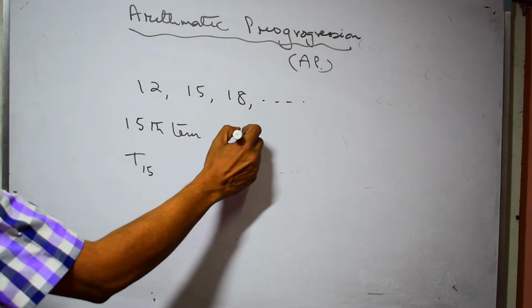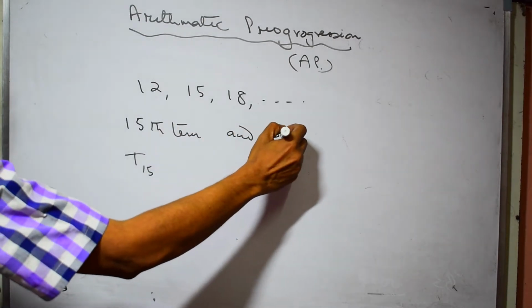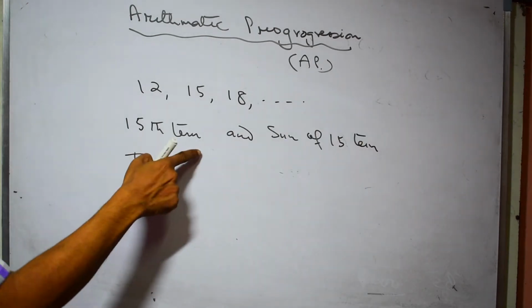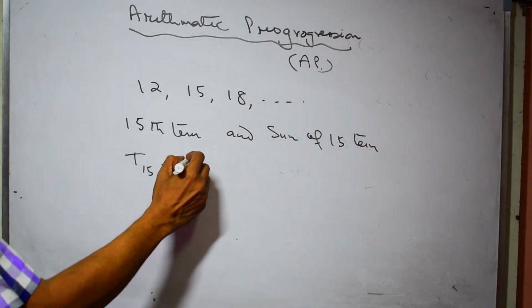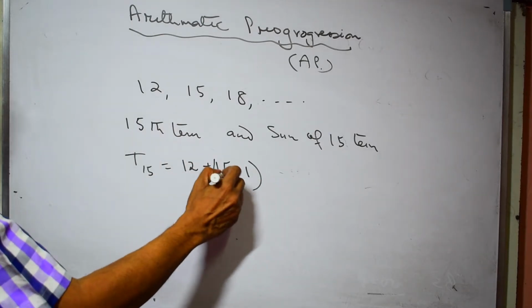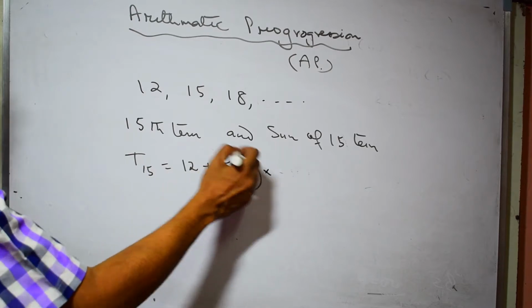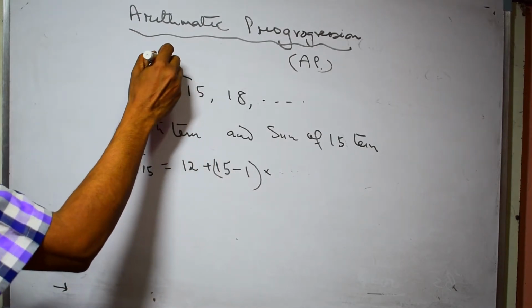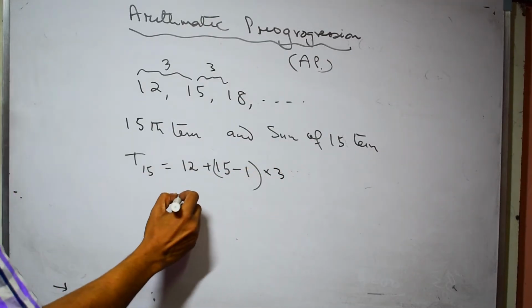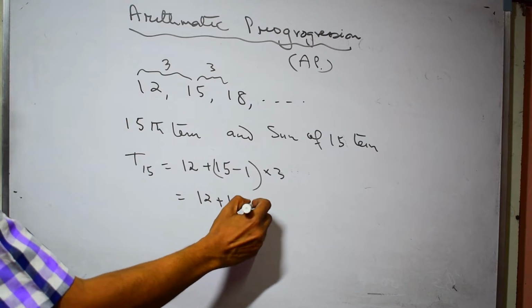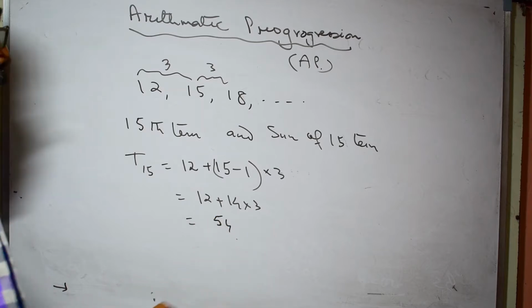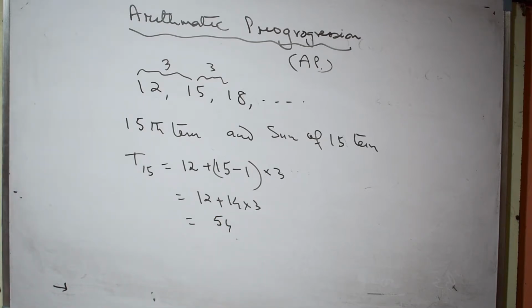And if I want to know the sum of 15 terms, we should know the difference. The first question is to find the 15th term. It will be A, that is 12, plus n minus 1, where n is 15, into D, and you find that D is 3 here. So the answer will be 12 plus 14 into 3, that is 42 plus 12, 54.